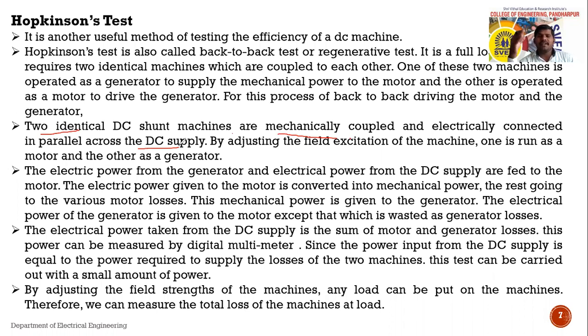What we do is adjust the field winding or field excitation, so that one machine runs as a generator and one machine runs as a motor. The electric power from the generator and the electric power from the DC supply are fed to the motor as input power.